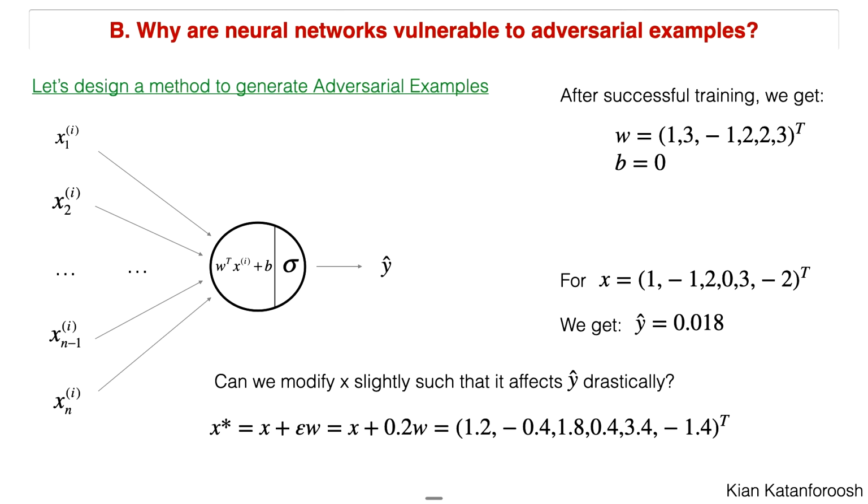You will see that Y hat of X star is going to be 0.83, which completely shifted the prediction to 1. If you break it down, you will see that sigmoid of W transpose X star plus 0, because our bias was 0 for simplicity, is equal to W transpose X plus epsilon times W transpose W, which is the square of W.